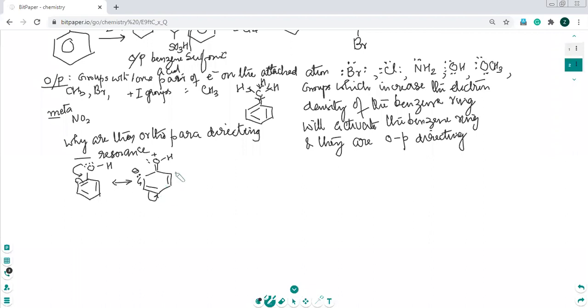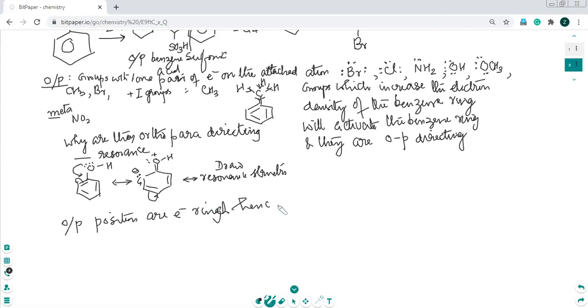Next it will go again to the second ortho position. So you have to draw all resonance structures, and then what explanation can you give? Ortho and para positions are electron rich, and hence electrophiles attack there. Like that.